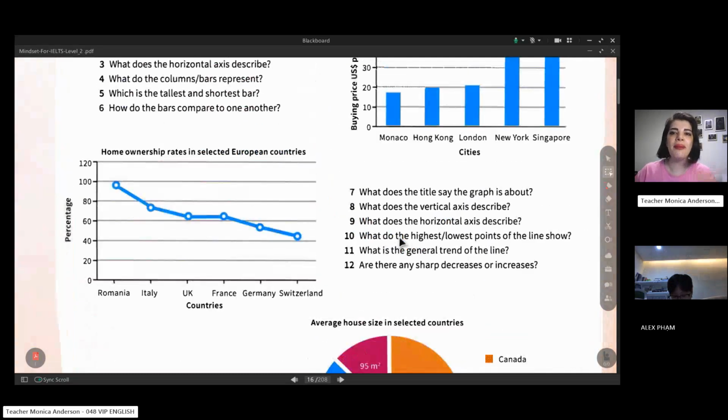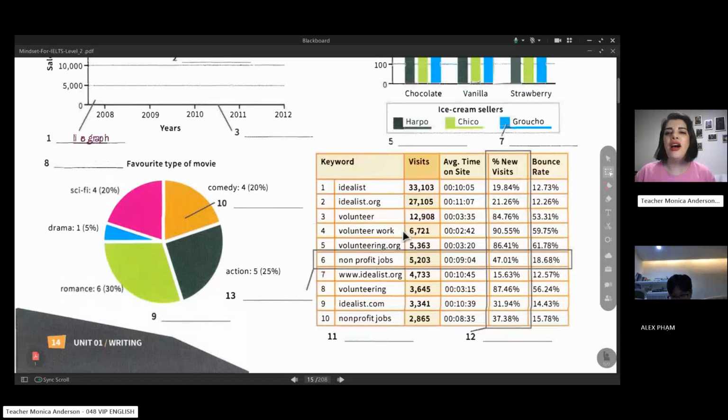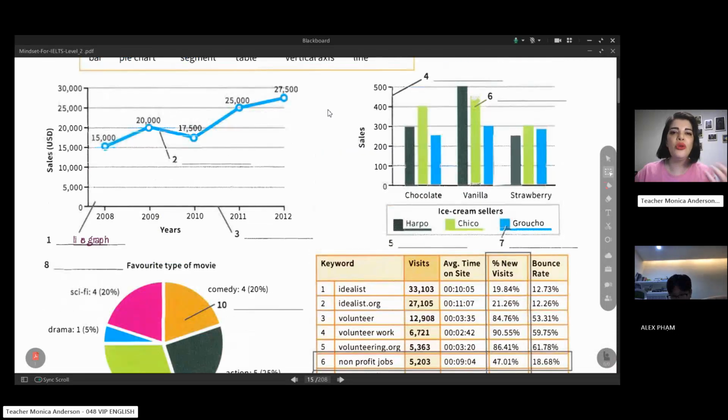So we have map and process too, all the types of questions that you will be asked to write about in task one. Later, step by step, I will talk about them. First of all, the line graph, maybe the most common. Normally there are multiple lines, not only one, and sometimes you have two diagrams, or for example one pie chart and one bar chart to compare.